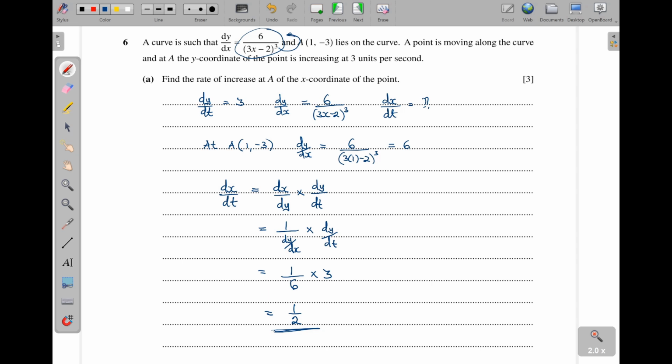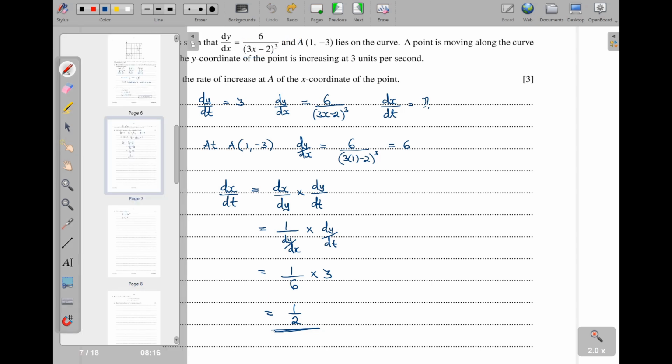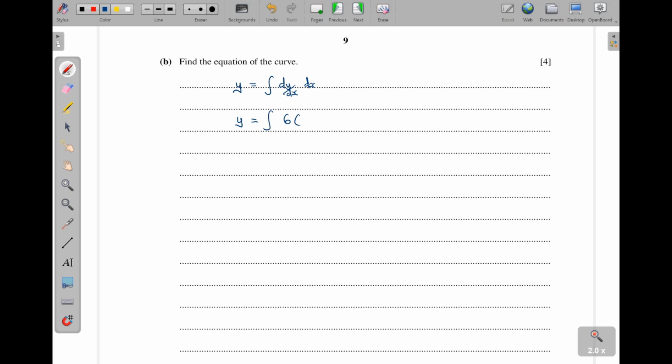I can take this up and the power will be negative, so y equals the integral of 6(3x minus 2) to the power negative 3 with respect to x. When you're integrating, please don't bring back the integral sign. We increase the power by 1, we divide by the new power, and then we multiply by the derivative of the bracket, which is 3. Then we add an arbitrary constant, because we don't know the constant that disappeared when they differentiated.